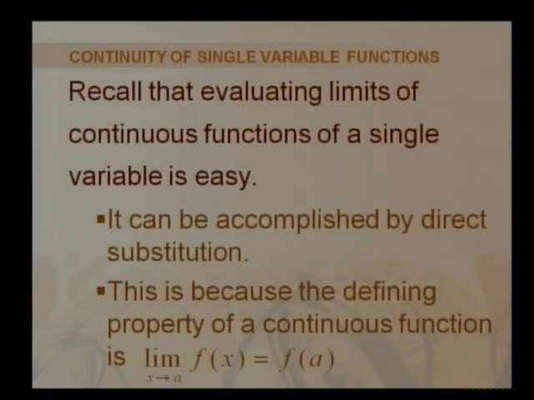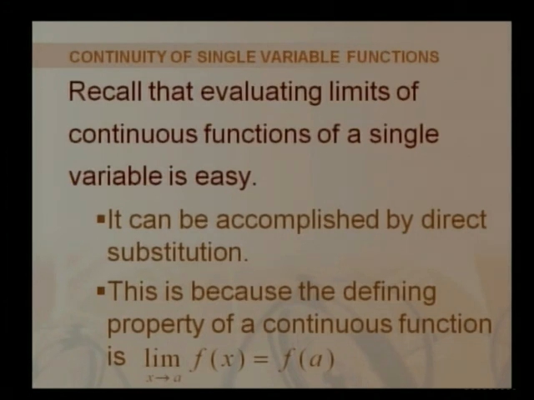Recall that evaluating the limit of a continuous function of a single variable is very easy. It can be accomplished by direct substitution. This is because of the defining property of a continuous function: limit when x tends to a of f of x is, by substituting x equal to a, f of a.